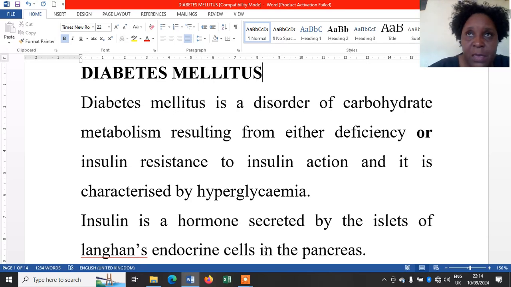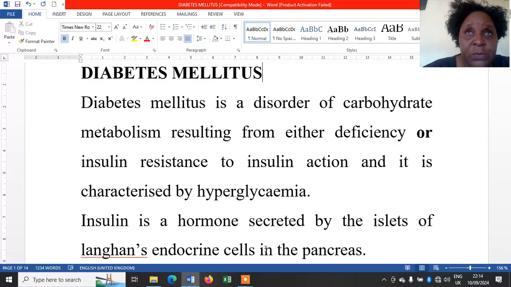So, there might be a problem with the islets of Langerhans, that it is failing to produce enough insulin sufficient for carbohydrate metabolism, or it is not even producing any insulin due to causes we shall come across as we continue.